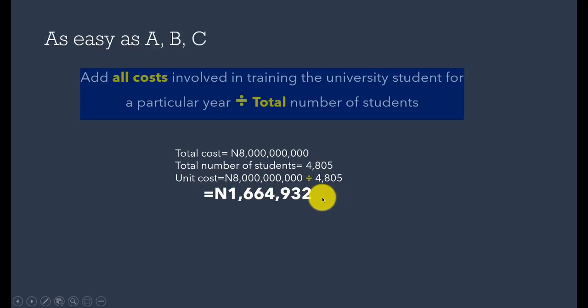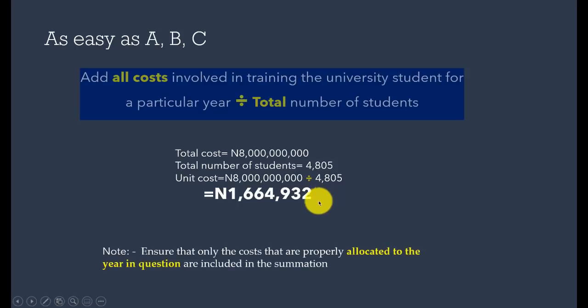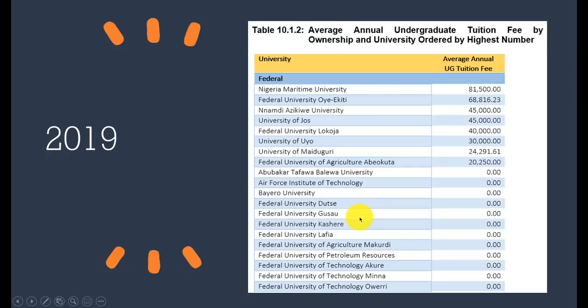Oh, you wonder it's heavy. So we have to ensure that only the costs that are properly allocated to the year in question are included in the summation. So if you think it's heavy, look at this. The tuition for undergraduates at some federal universities, Nigerian Maritime, you can see some of them here. You can see 00 here, meaning that these federal universities do not charge a kobo.